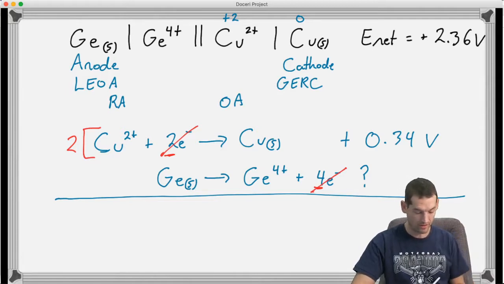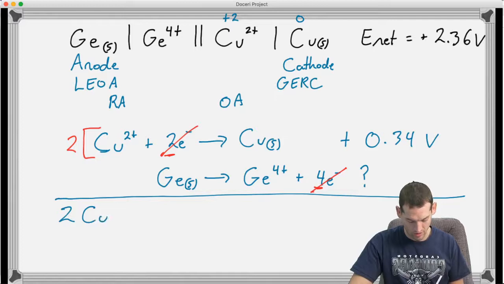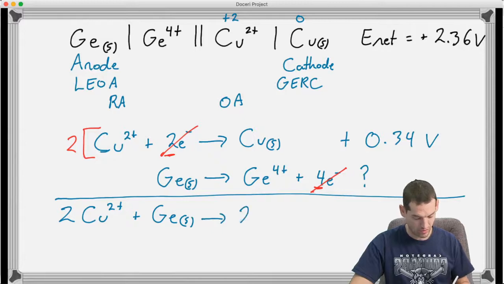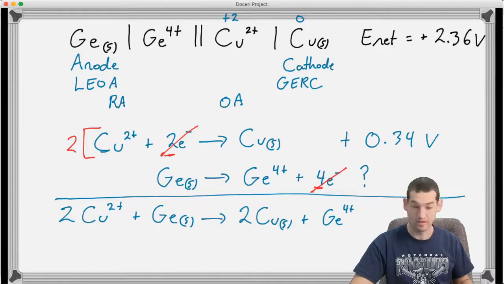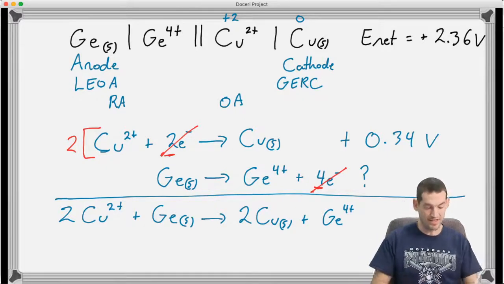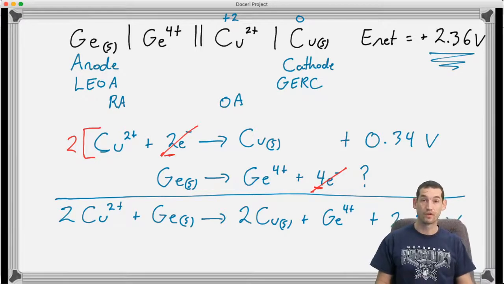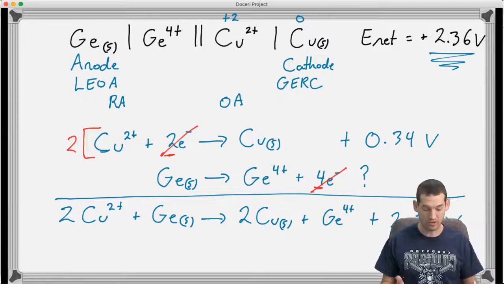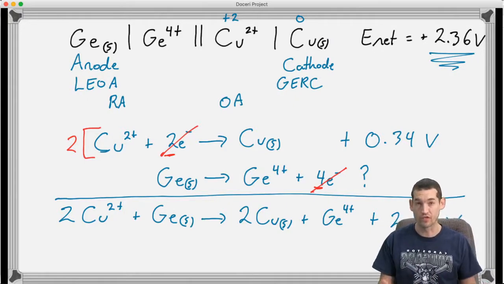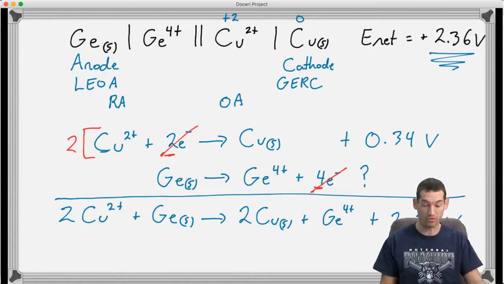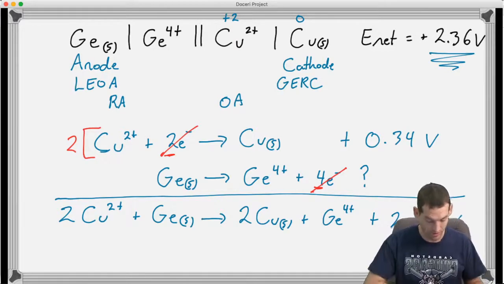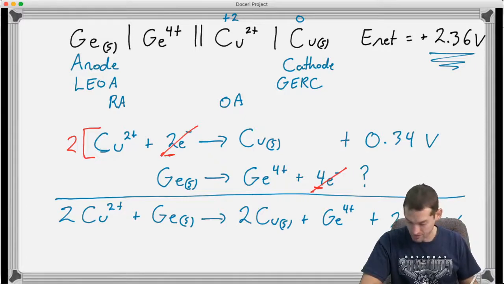Now we can write our net reaction, which is 2 copper 2 positives plus a Ge solid becomes 2 copper solid plus Ge4 positive. And I know that the net is given to me up here in the problem. So I know this has to add up to positive 2.36 volts. Now I can work backwards to solve what that unknown voltage for Ge was. Whatever it is, those two numbers have to add up to 2.36 volts.